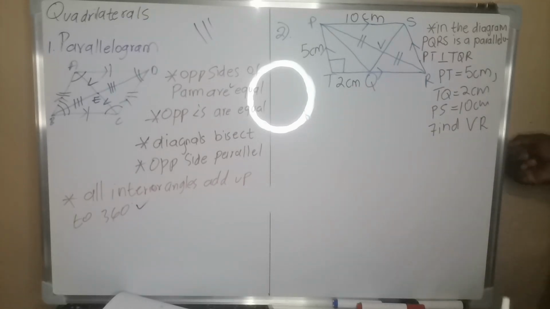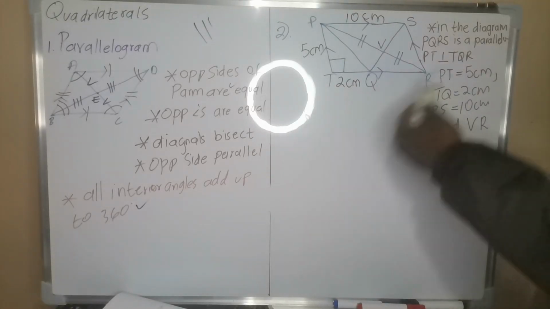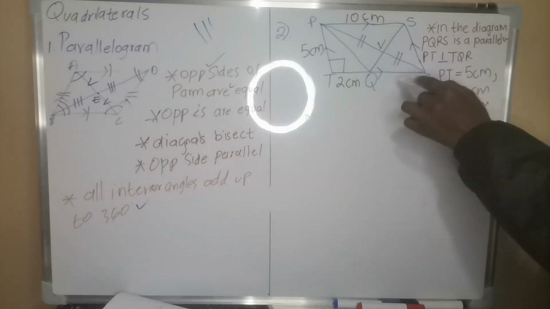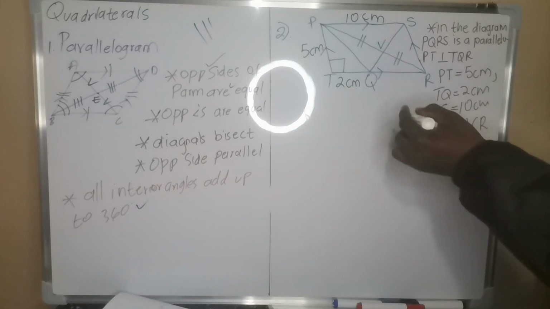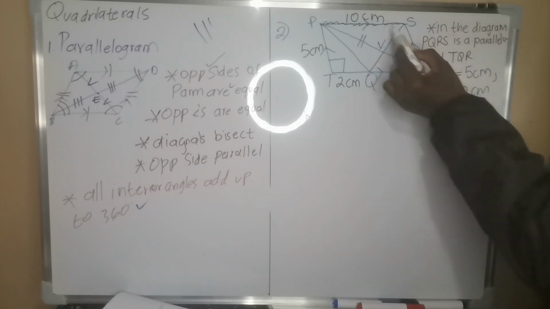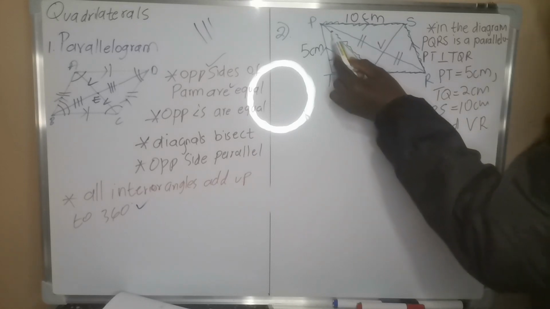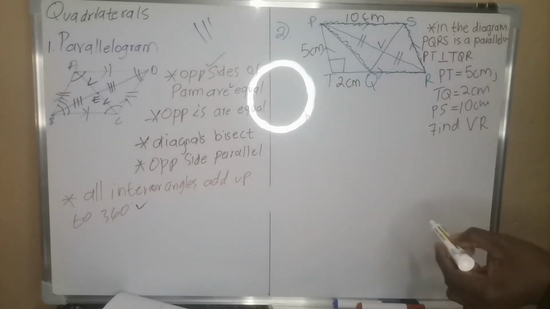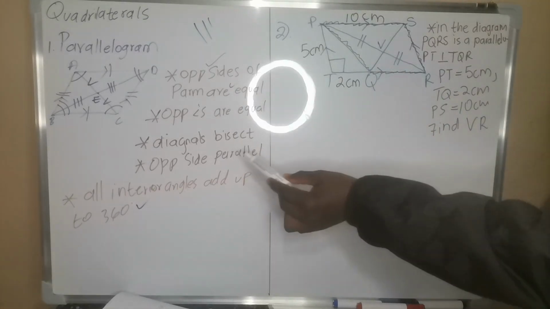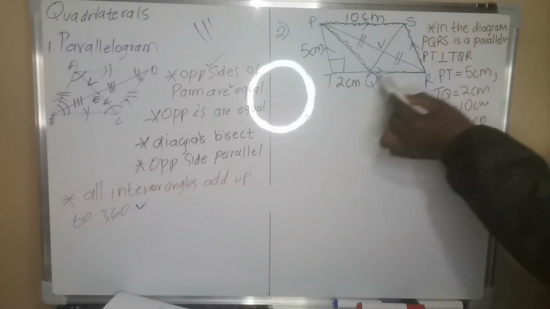Here we have the first one: opposite sides of a parallelogram are equal. Can I use this first principle to fill up my diagram? Yes. If I have P, S, R, this is my parallelogram here. Opposite sides are equal. Therefore, PS is equal to QR. You don't say PS is equal to TR.